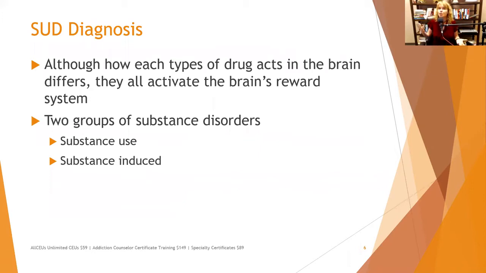So you need to differentiate what's going on. When you're looking at mental health disorders, for example, is the depression simply a side effect of withdrawal from stimulants, or is it an ongoing underlying disorder? You can have substance-induced depression, or you can have a substance use disorder and major depressive disorder in the same person.